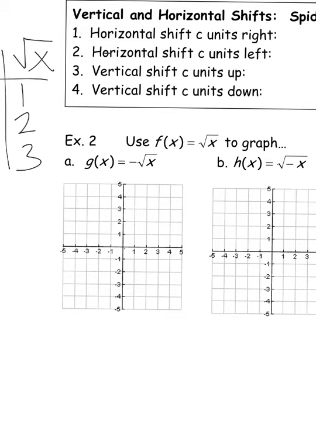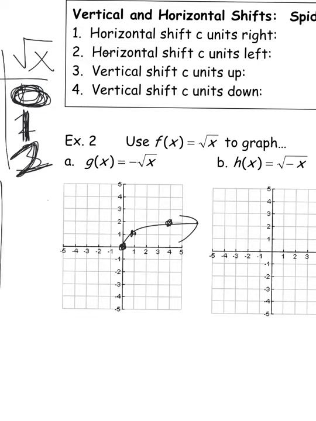I'm going to graph that first: square root of 0 is 0, square root of 1 is 1, and square root of 4 is 2. That's why I like perfect squares, because it gives us nice, neat outputs. So we have 0, 0; 1, 1; and 4, 2. There's our basic parent function, and now we're going to look at what happens when we transform it.